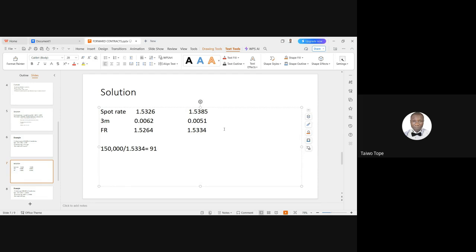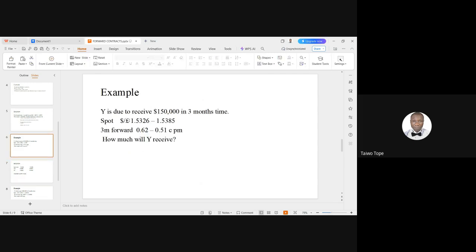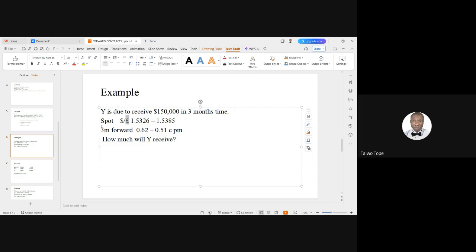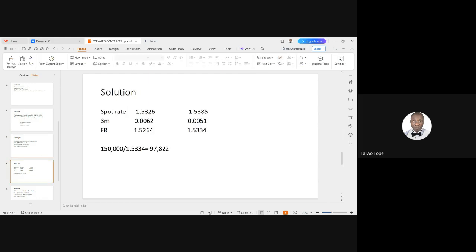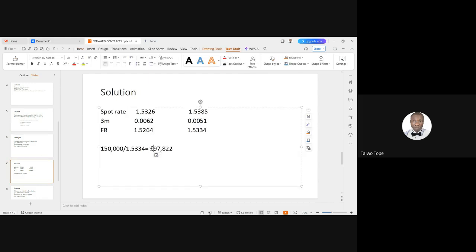That is 97,822 approximately. And this will be the value in pounds.